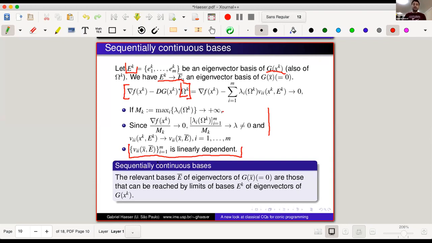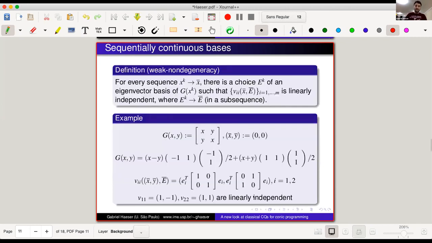So this is a proof that non-degeneracy is a constraint qualification using this type of sequential optimality condition. But here we can see that not all bases are relevant, only the bases that can be attained by limits of bases of eigenvectors of g of xk. These are what we call sequentially continuous bases, the bases that are limits of bases of eigenvectors of g of xk.